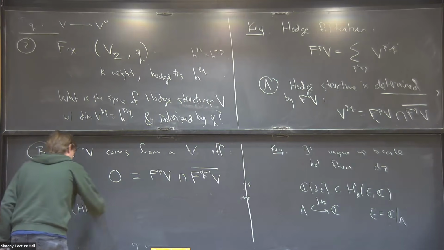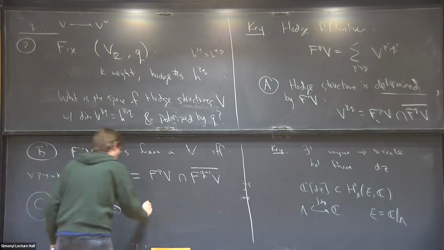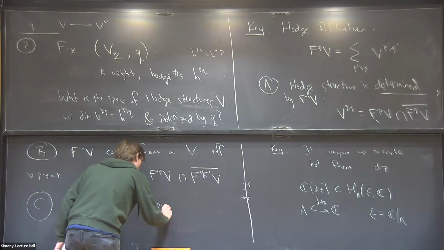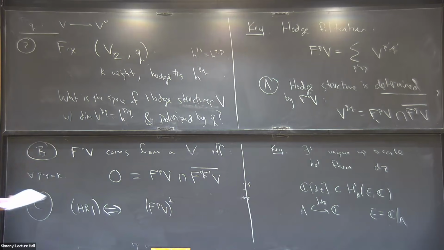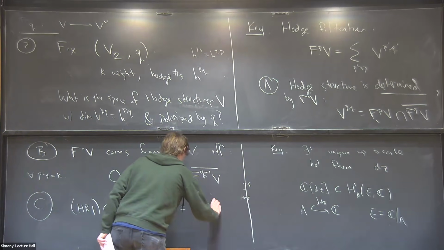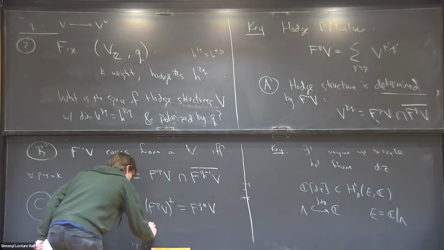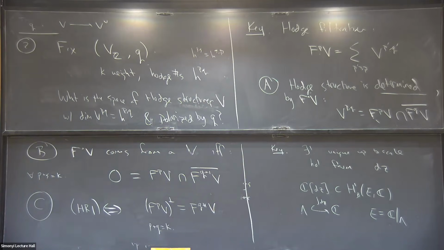And that translates into the filtration being isotropic for Q, meaning that if I take the perp of F^p V, then it should equal F^{q+1} V, again for p plus q equal to k.